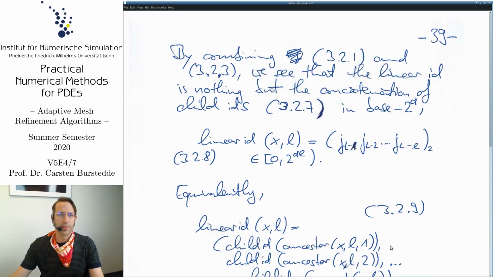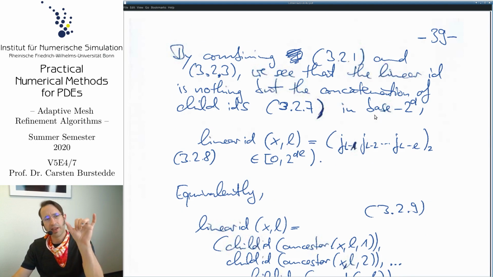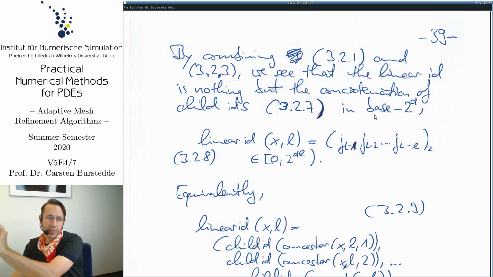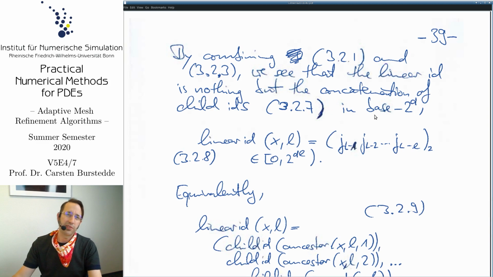But to continue our argument, we have seen that linear ID is just a concatenation of the child IDs, and of course we could understand this as a big L digit number where each digit is in base 2 to the power of d. So in 3 dimensions we have an octal number with big L octal digits.